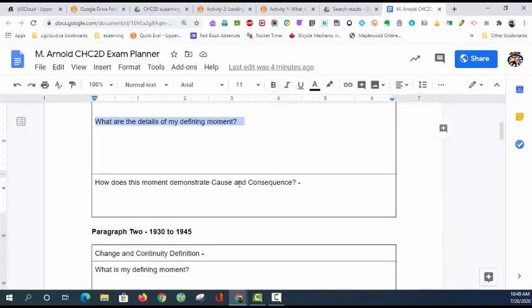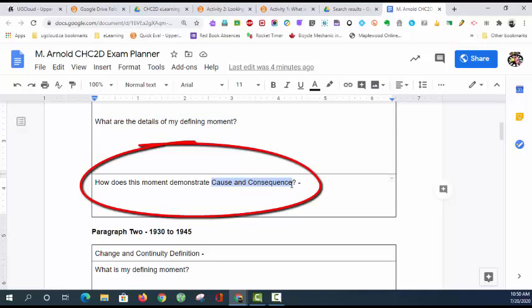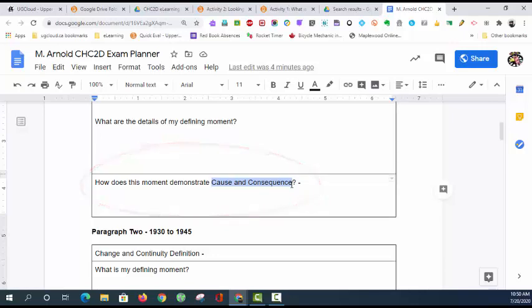Finally, you are referring at the bottom of each row and of each table how your moment demonstrates that particular historical thinking concept. In this case, it's cause and consequence. So what I would go on to talk about is how the assassination of an Austrian archduke led to Canada's entry into World War I.